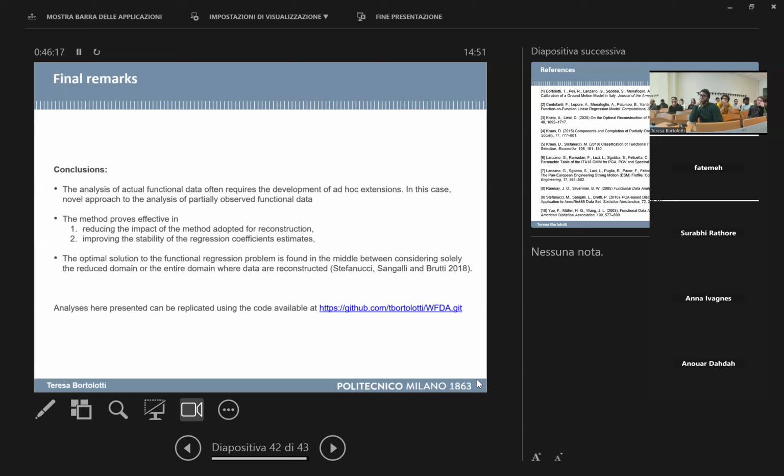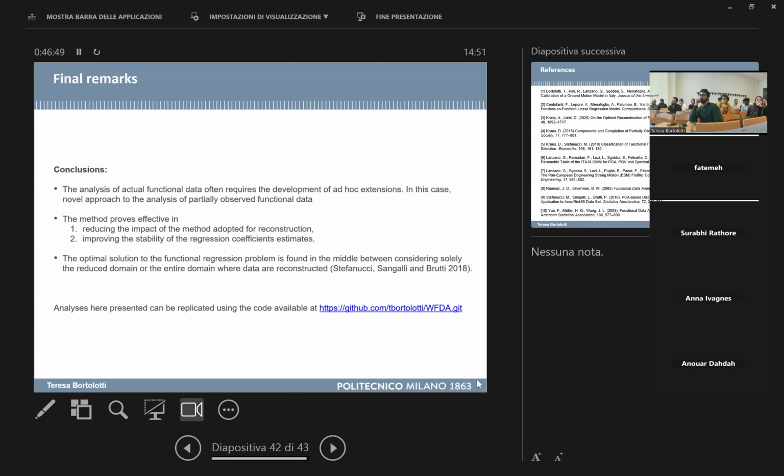And the nice thing and take-home message is that when you have partially observed functional data, the optimal solution for performing your analysis is found in the middle between restricting the analysis only on the common observed part of the curves, or reconstructing the curves and forgetting about the reconstruction. And this is something that completely aligns with the result of a completely independent study, that of Stepanucci, Sangalli, and Brutti.